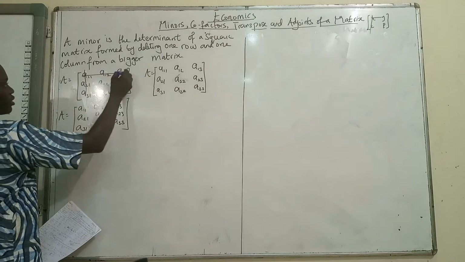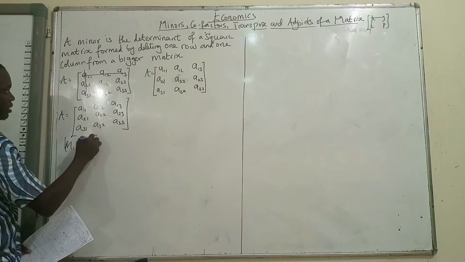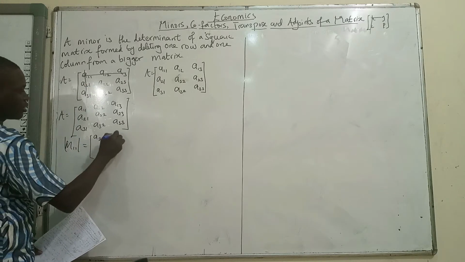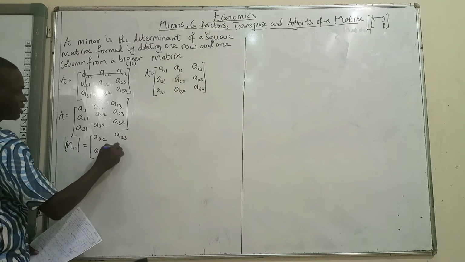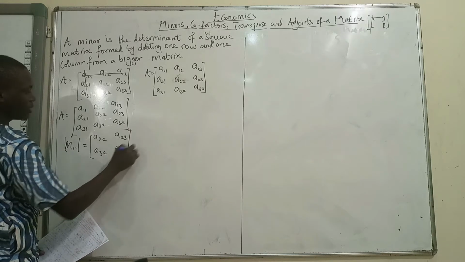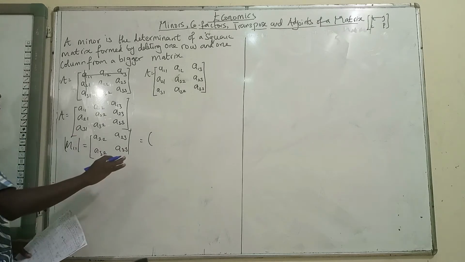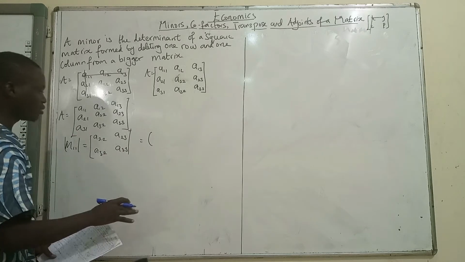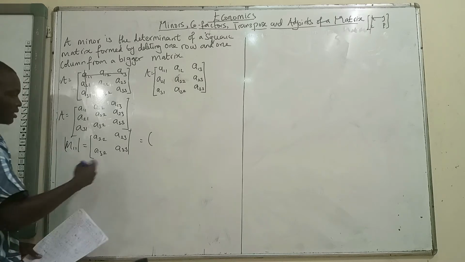So what are we left with? We are left with A22, A23, A32 and then A33. That is what we call deletion of a row and a column. But this is not the end of it all. How do you get determinants? You multiply elements on the principal diagonal and subtract the product of the elements on the off principal diagonal.